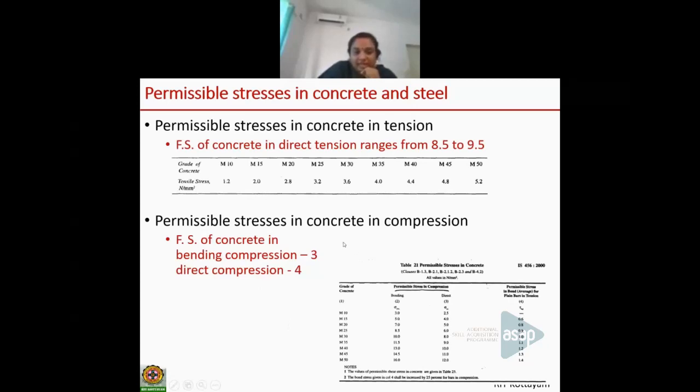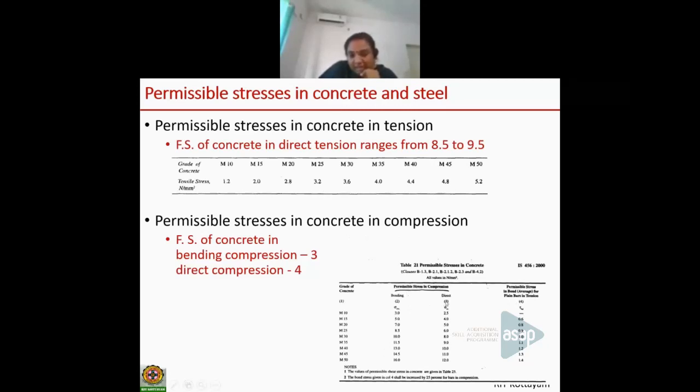And similarly, the permissible stresses in concrete in compression. The previous one was in tension, and next is compression. Table 21 of IS 456 gives you the values. Here we have two compressive stresses specified.